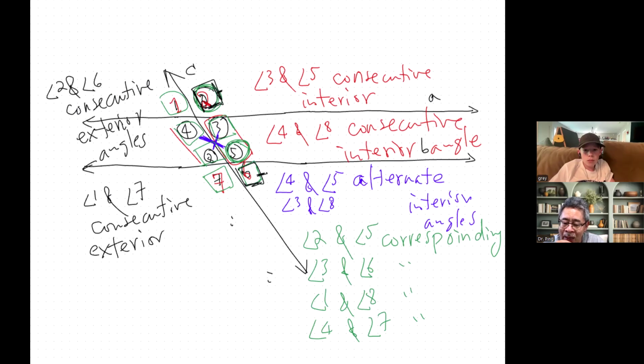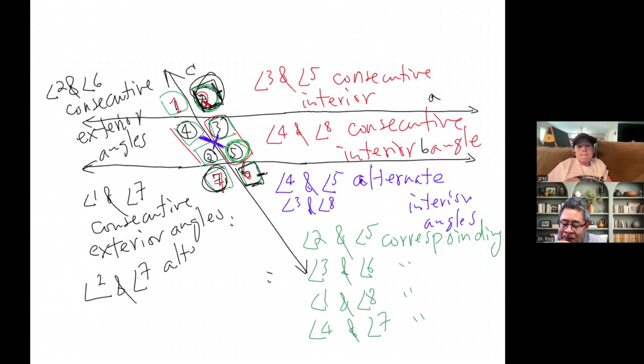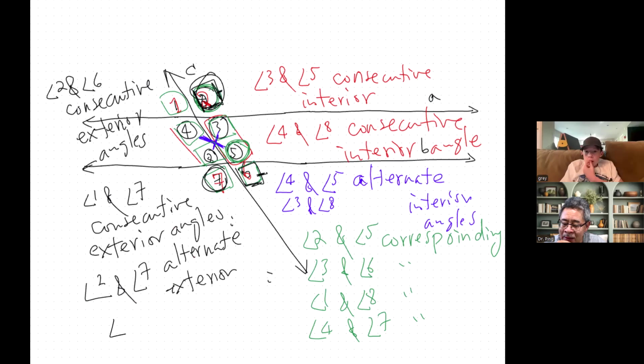And then they also have alternate. So angle 2, this angle and this angle, are on different sides. Alternate means on different sides of the transversal. So 2 and 7 are alternate exterior, and of course 1 and 6 are alternate.